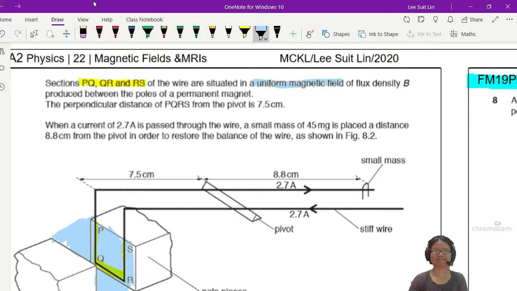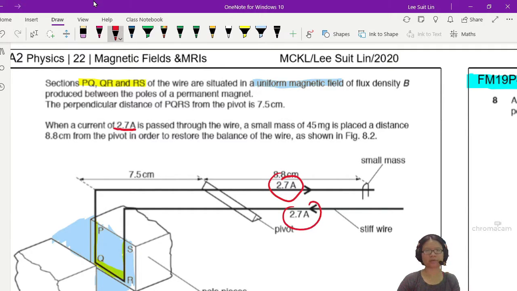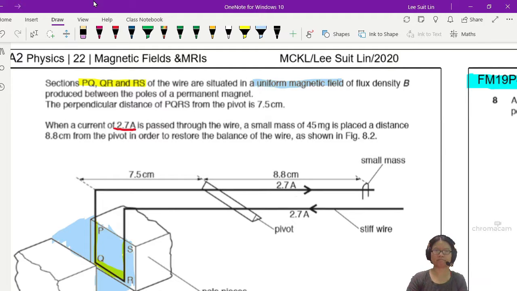When the current of 2.7 ampere is passed through the wire, a small mass of 45 milligram, maybe a thread from your clothing, is placed a distance 8.8 cm from the pivot in order to restore the balance of the wire.